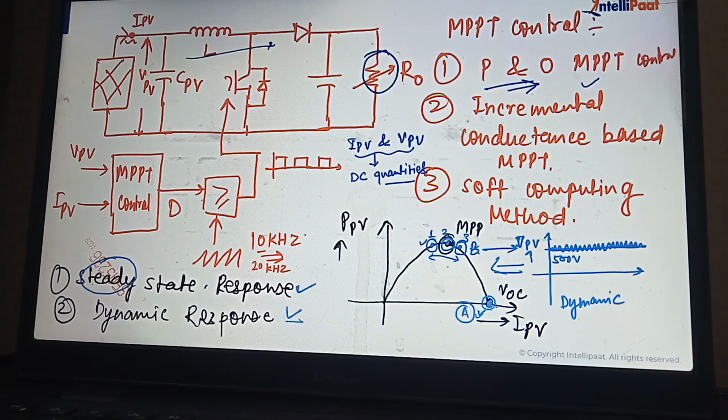Some algorithms have a very quick response. As soon as you turn on, the point will immediately go here and track this MPPT.